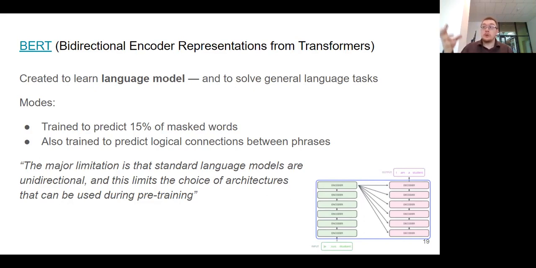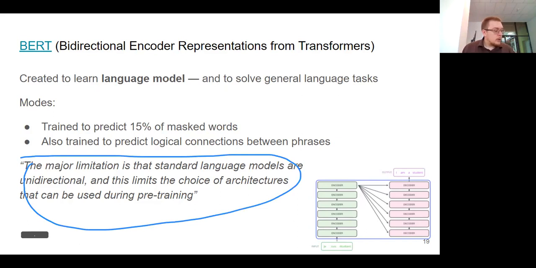I want you to see this statement from the original paper, where they say that the major limitation of standard language models is that they are unidirectional. And we remember this from Doc2Vec. Doc2Vec predicted the next word in the sentence based on the previous context. The Word2Vec idea was to predict the internal word of the context. It was bidirectional.